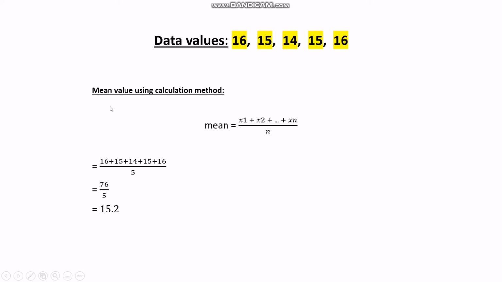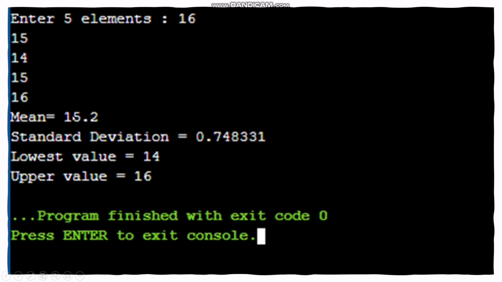So now we are going to calculate the mean value using the calculation method. The formula is as follows. So after adding all the data values and dividing by 5, we get 15.2, which is the same answer as the answer we get from our coding and our program.